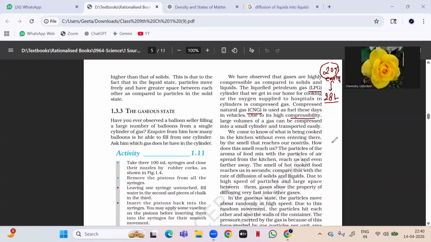Then this paragraph talks about the diffusion of gases. The smell of hot cooked food reaches us in seconds. That is because of the diffusion of the gas particles, or the smell, along with the air particles. The higher the temperature, the more easily the gas particles diffuse. So this is about the diffusion of gases.